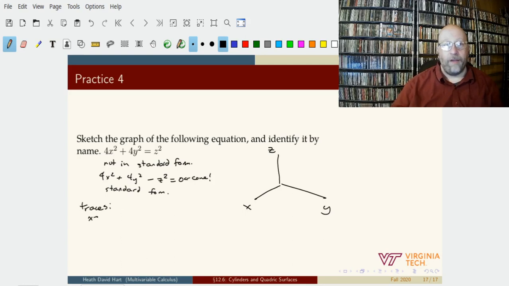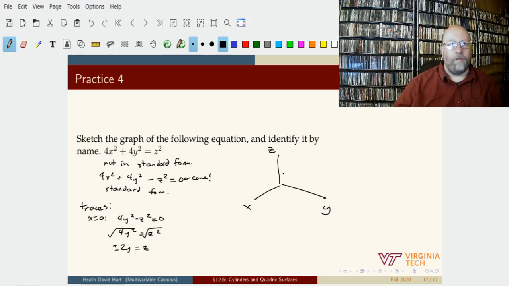When we set x equal to 0, then we are looking at 4y squared minus z squared equals 0. That's the same thing as 4y squared equals z squared. And so if we take the square root on both sides, plus or minus 2y equals z. So in the zy plane, when y is 1, z is plus 2 or minus 2.